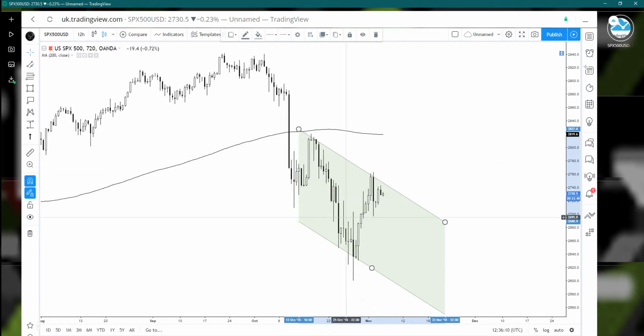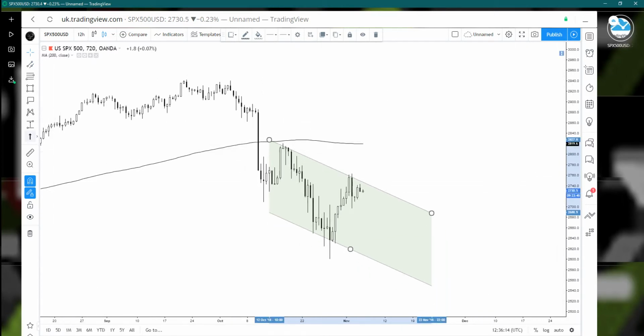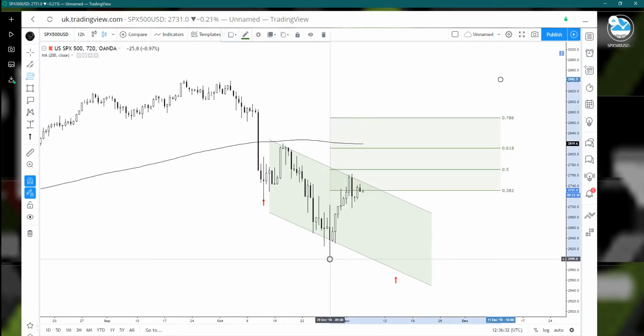It can print me some type of 3 drives pattern with 1, 2, and the third bottom. But we need confirmations until there. So for now, we stay between that 4-hour time frame chart and this eventual bearish shark pattern at 78% retracement for S&P.